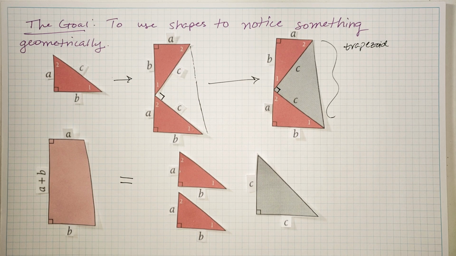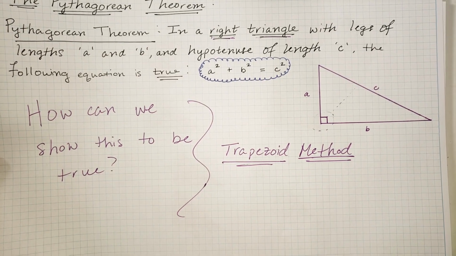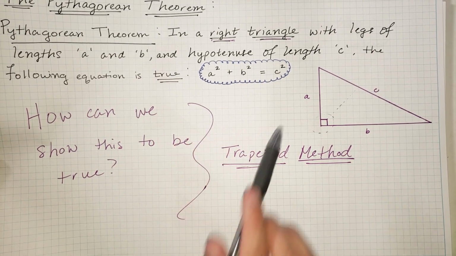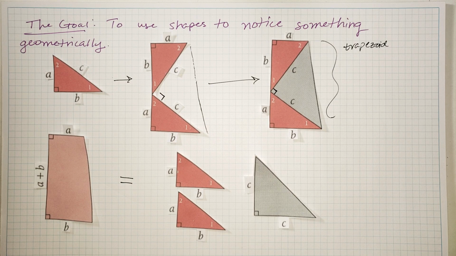So now what I want to do is show that a squared plus b squared equals c squared. Remember, this was our goal. How are we going to show this using the trapezoid method? This is how you're going to show it. It gets a little bit confusing, so try to pay very close attention.